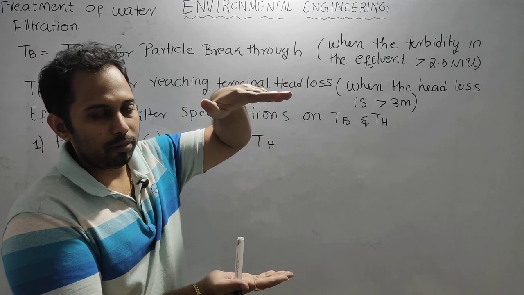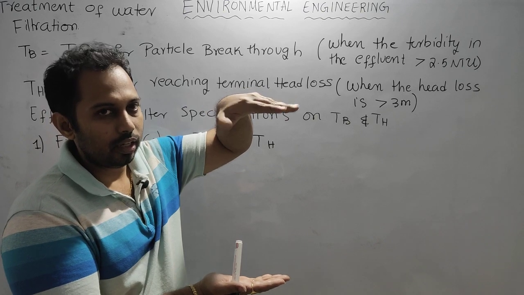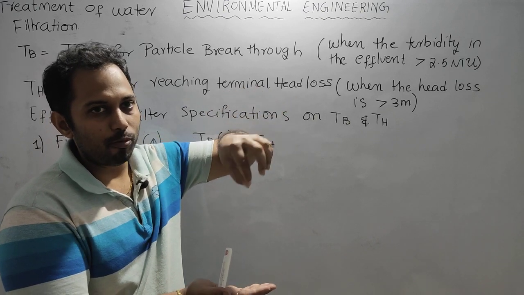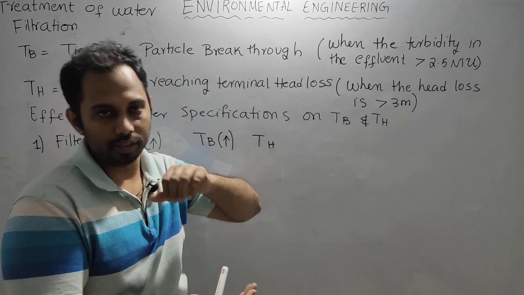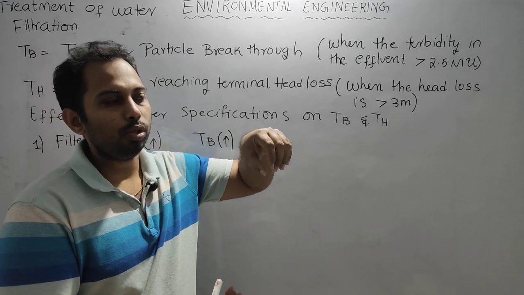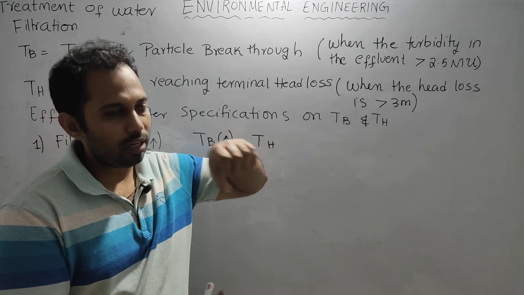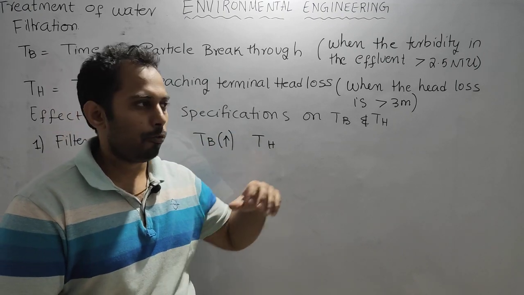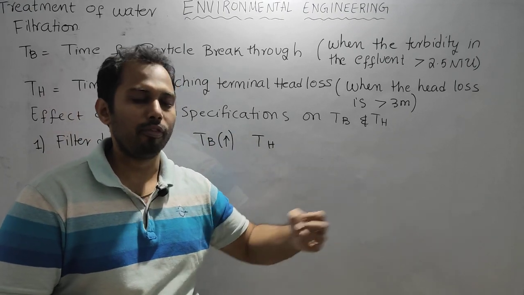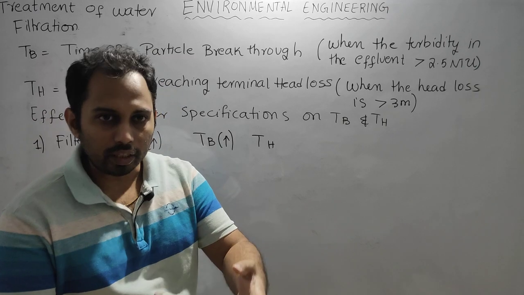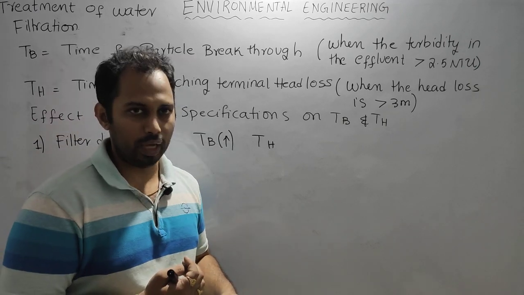When the number of filter media particles is increasing, the impurity will have to interact with more filter media grains. If one grain is not capable of catching that impurity, another grain may have an opportunity to catch it.